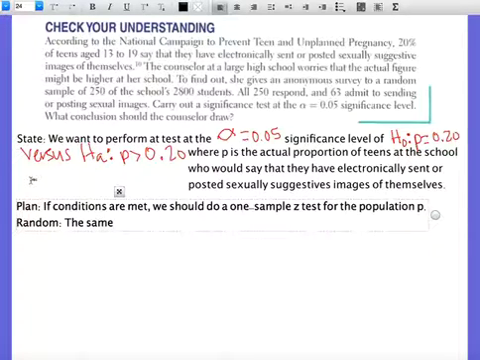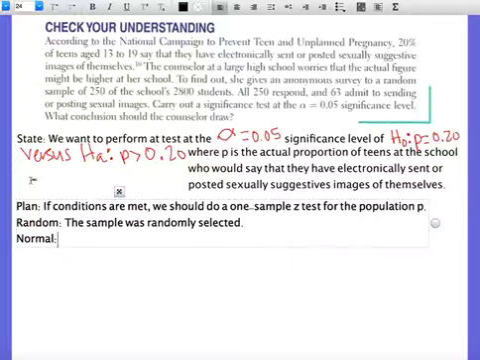So we would say the sample was randomly selected. And we know that because it says that she gave an anonymous survey to a random sample of 250. So basically just checking off that it was definitely random.